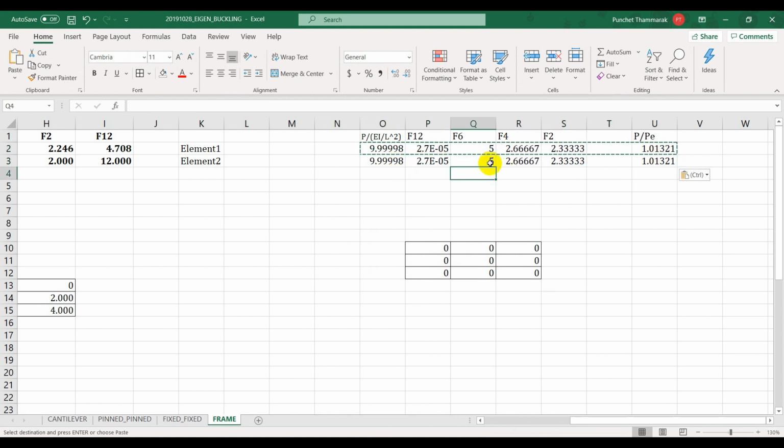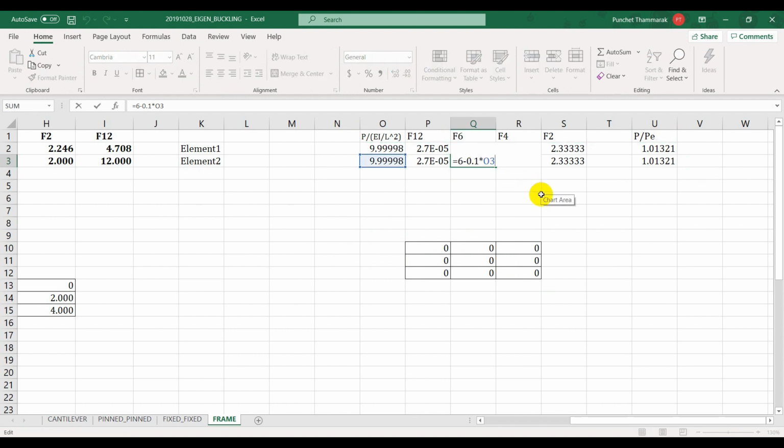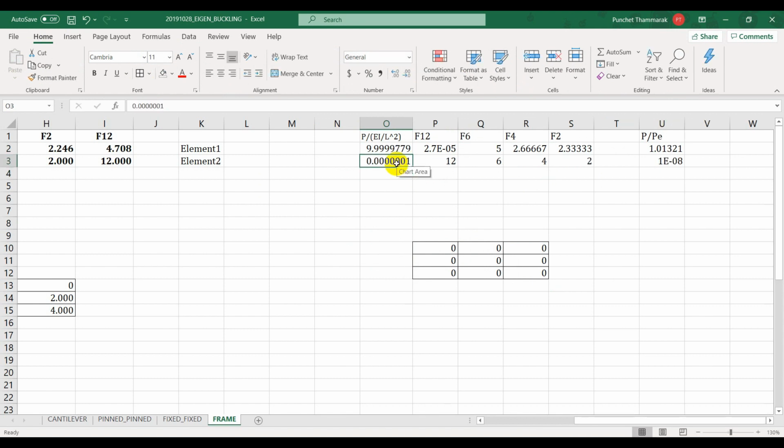So for this system we use the geometric stiffness matrix to set up the stiffness of the structure. So we have the top one for the column, the bottom one for the beam.